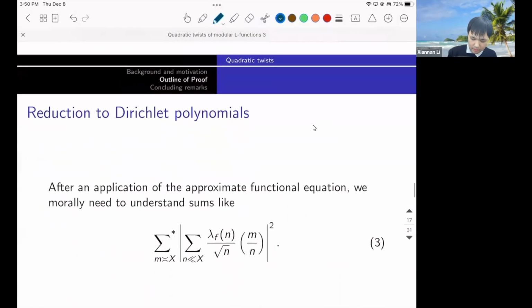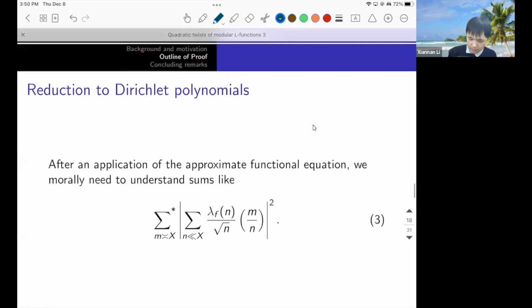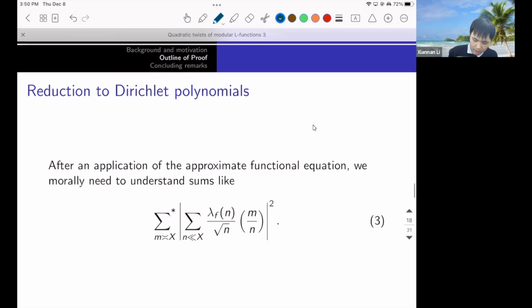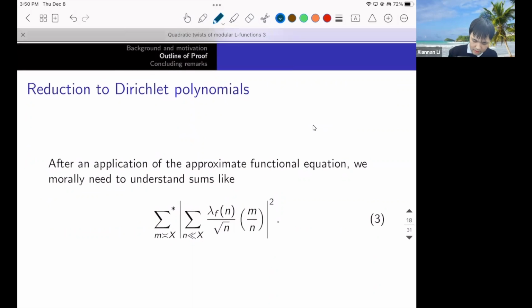Okay, so I want to talk a little bit about the proof. By that I mean maybe an oversimplified sketch of the proof. First off, maybe I should explain what is the obstacle here, because this also motivates what we're going to do.